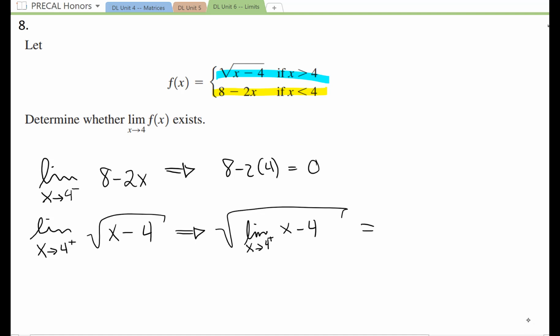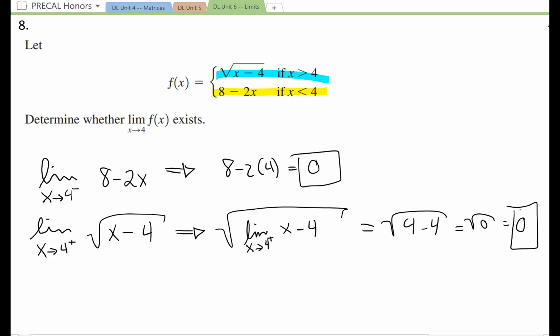Now you can substitute the 4 in, so you have 4 minus 4 under a square root, which is 0. The left-hand limit is 0, the right-hand limit is 0, therefore the limit exists and it is 0.